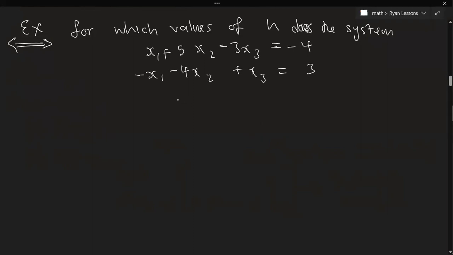Then we have minus 2x1 minus 7x2 equals h.